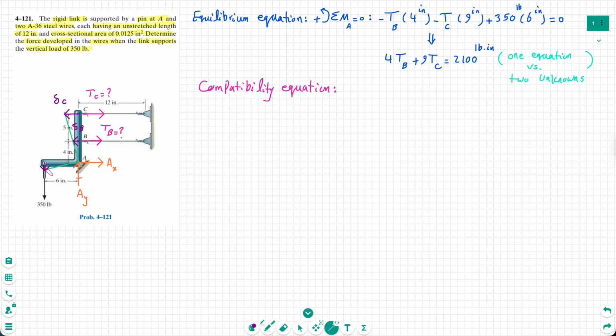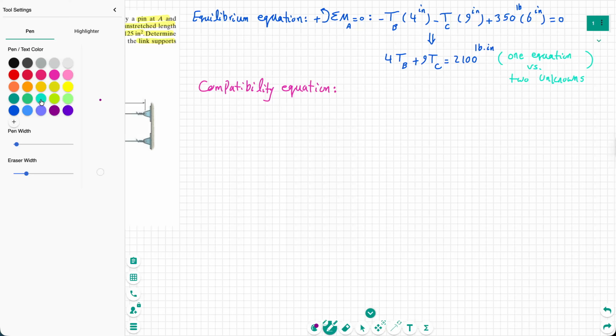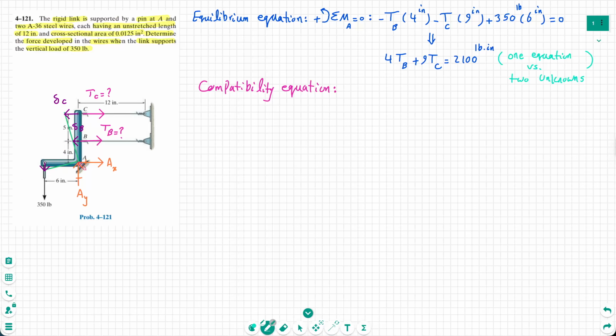So to find the compatibility equation, we have to find a relation between delta B and delta C. And to find that relation, we can define the angle theta, if it was the vertical and the horizontal, here.